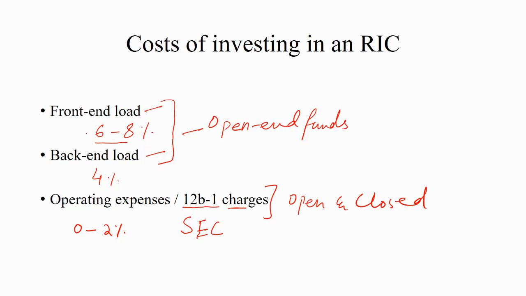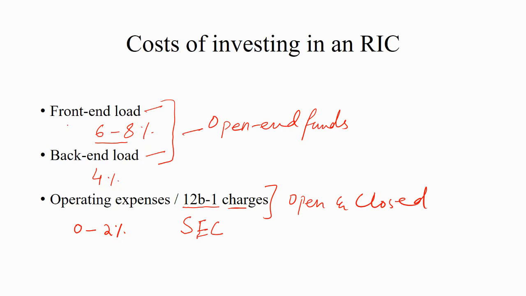But again, there are funds which may charge or may not charge these loads. So we can have a fund which charges front-end load but not the back-end load, and vice versa. And we can have no-load funds also.